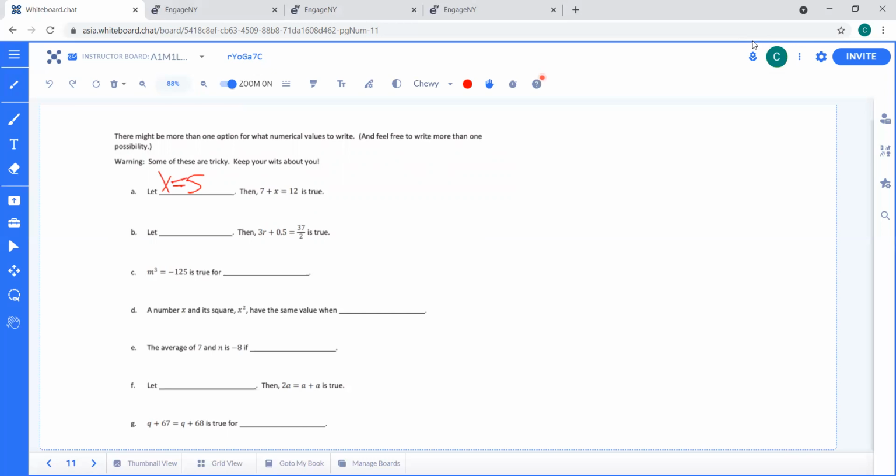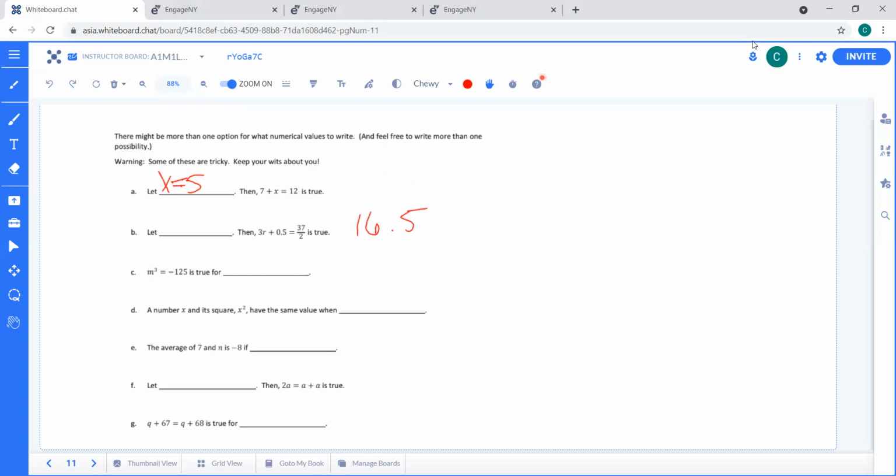Okay. What does R have to be to make this true? Well, 37 divided by 2 would be what? 16 and a half.